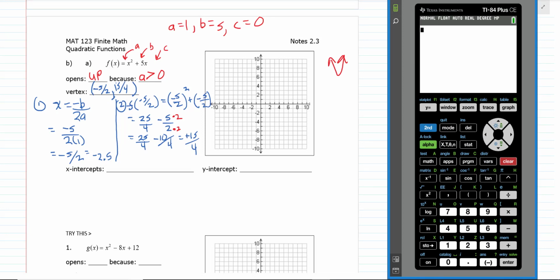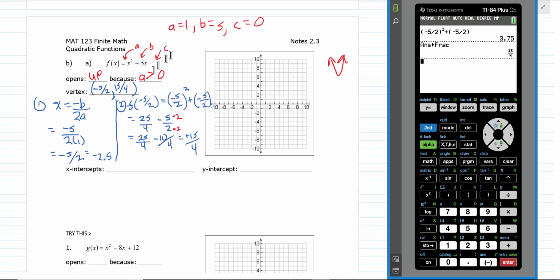You could go parentheses negative 5 over 2 to the second, and then plus negative 5 over 2. That gives a decimal. And then you can go math, fraction, enter. And see, that changes it to 15 over 4 anyway.